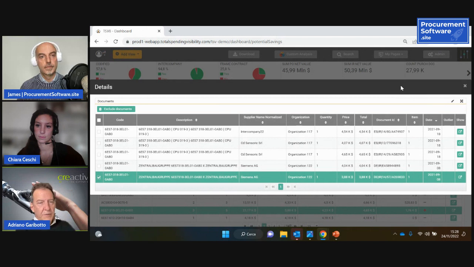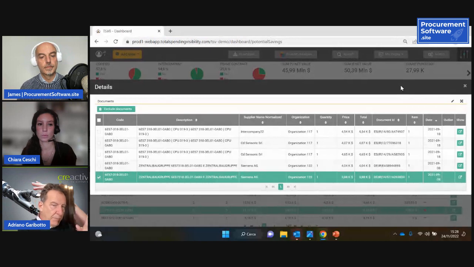All things that require the attention of the category managers, making it possible for him to reshape the supply chain of his own categories in a better way.